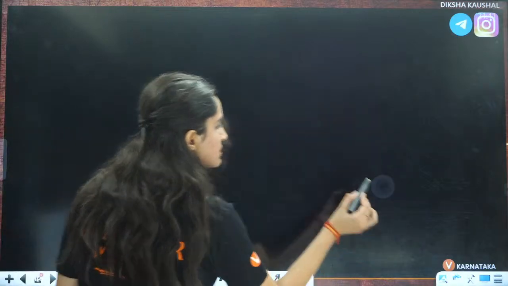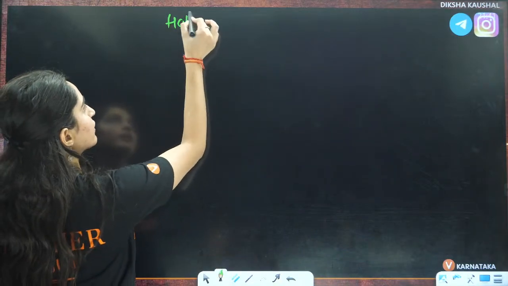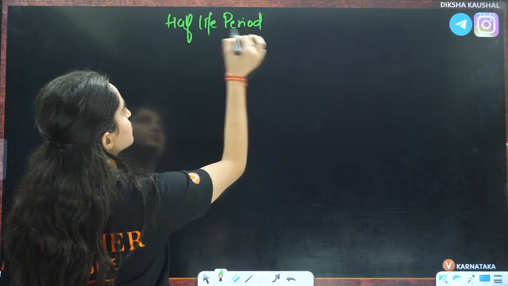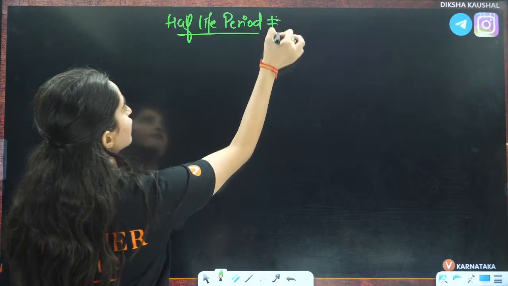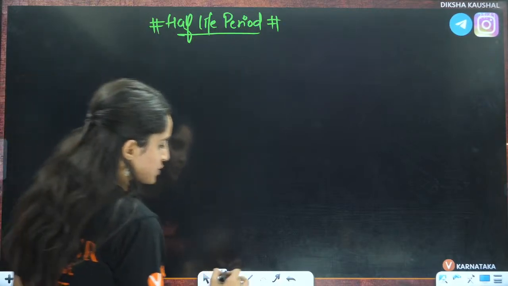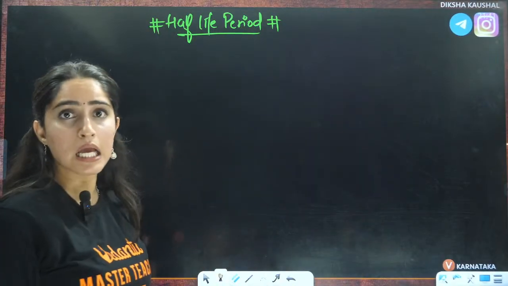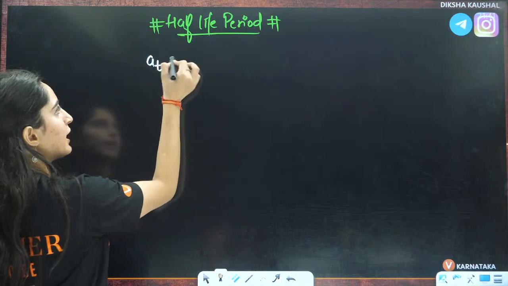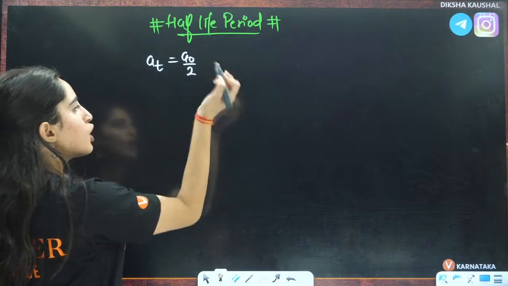Now, next is, what is the half-life period for this one? Half-life period is when 50% is consumed. That means At equals A naught by 2. So just write it here.